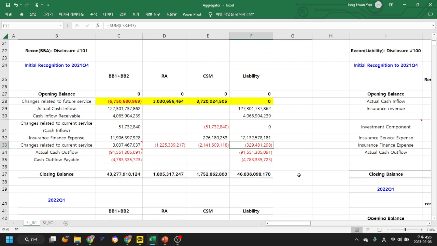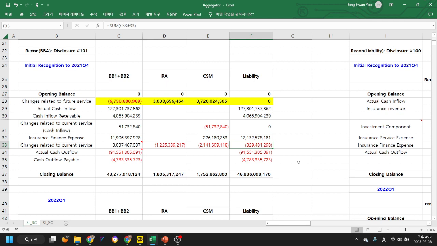And this is it. So some of, let's say, the experience adjustment and estimate adjustment is going to be reflected on the CSM.